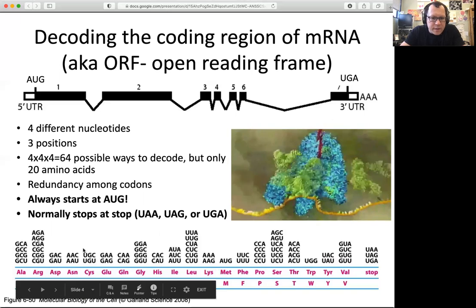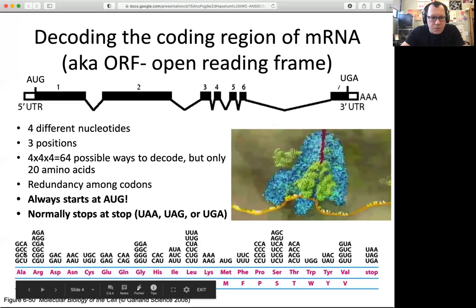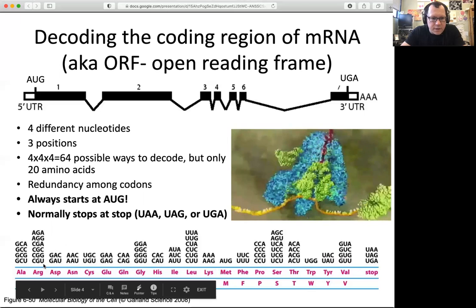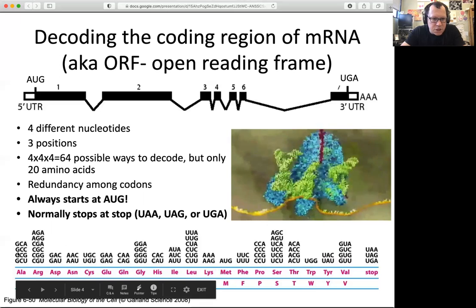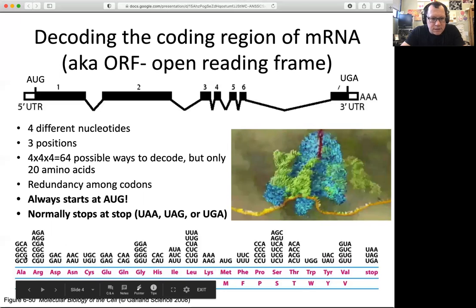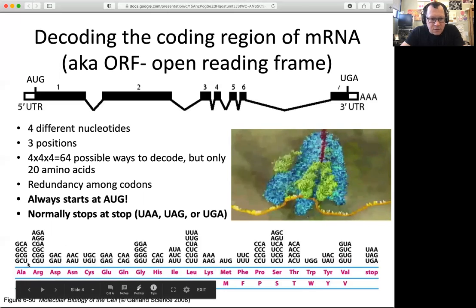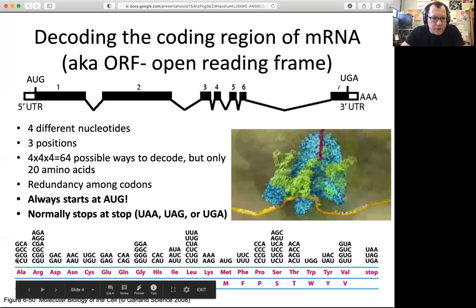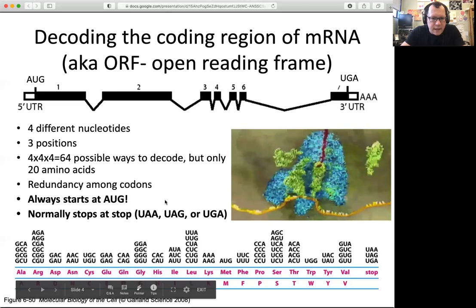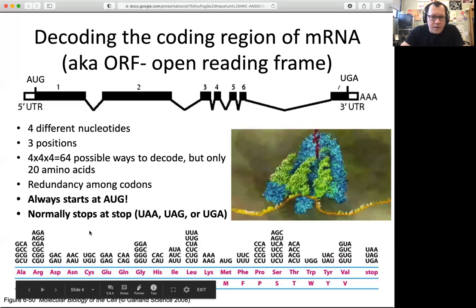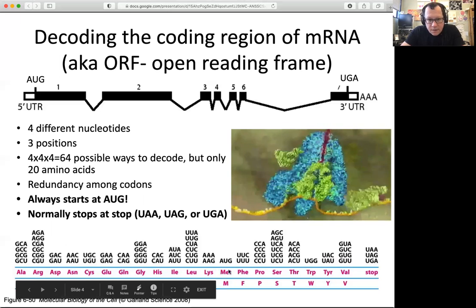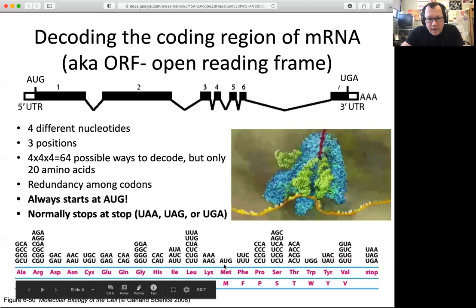Okay. And this is just a table to show you how the codons are decoded. So if we have GCA, GCC, GCG, GCU, any of those four encodes the amino acid alanine that has a single letter code of A. We have some like the start codon encodes methionine.